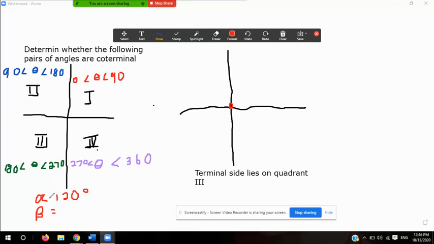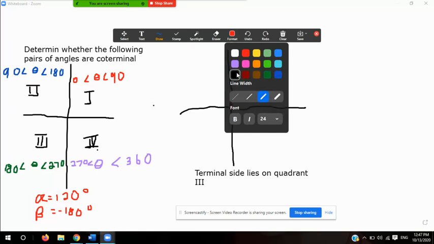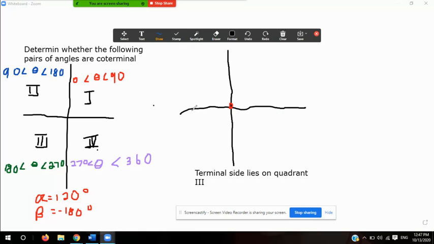In other words, I want to know if the terminal side of each angle, assuming they're in standard position, is the same. Now, it's good to understand that there is an infinite amount of coterminal angles. It's not like when we were working with 30, 60, and 45, where they had the same cosine or the same tangent, and that never changed. In the case of coterminal angles, they are infinite.